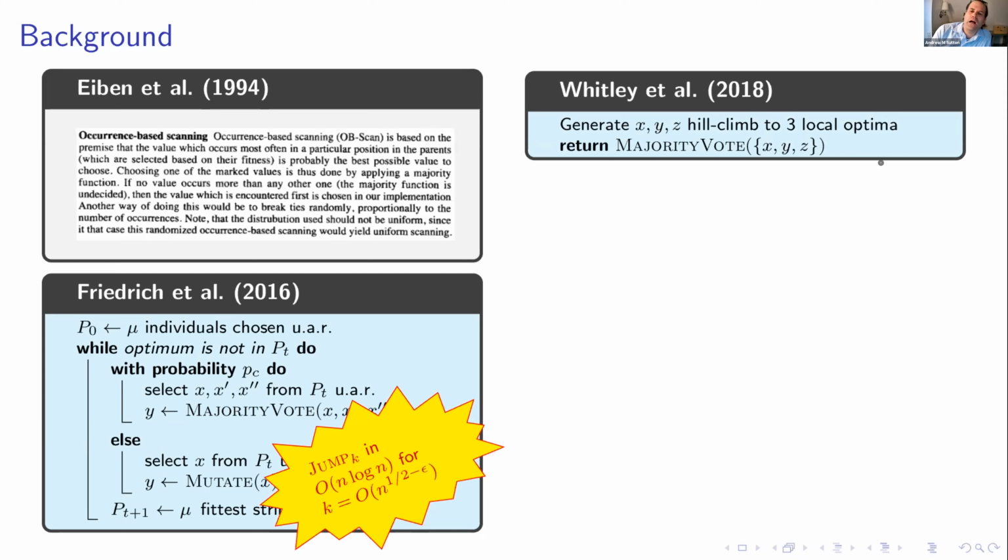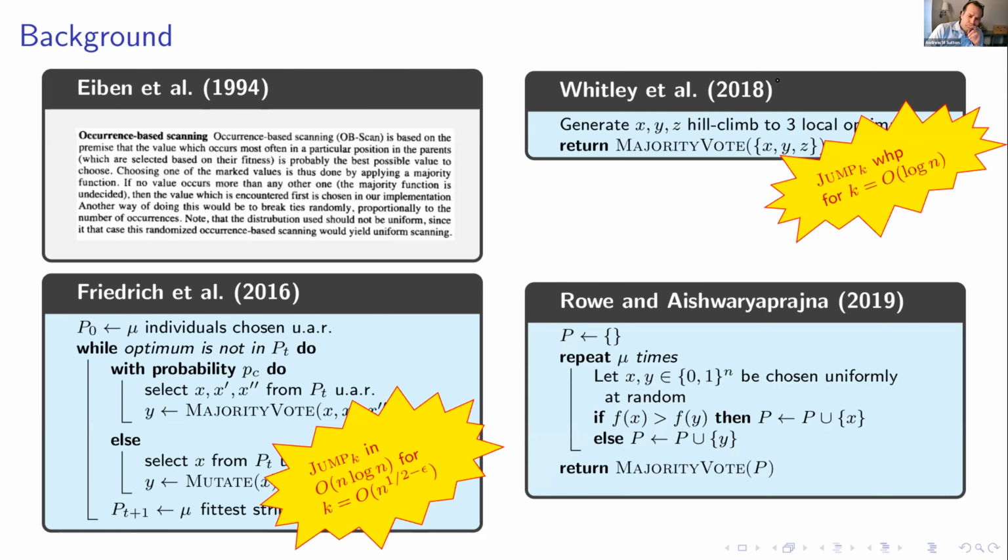Then you take the majority vote of those 3. Since you started off with random strings, you have sufficient probability of good diversity among these 3 strings, and so with high probability the majority vote gives you the optimal string of jump. They show this works up to logarithmic jump sizes.